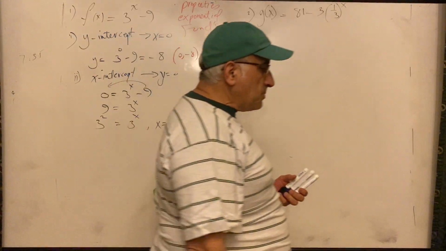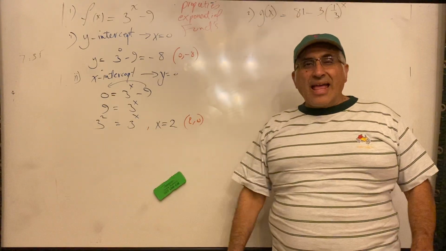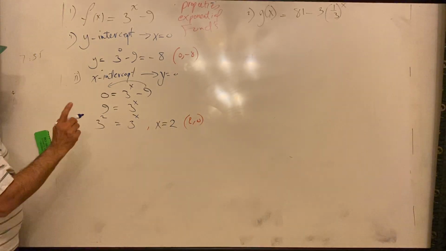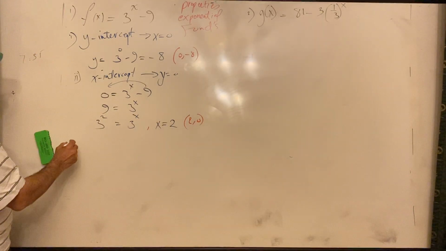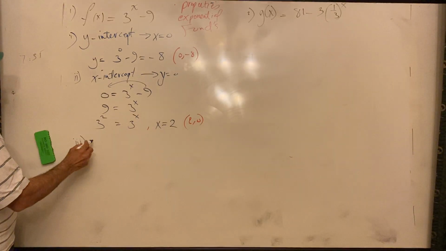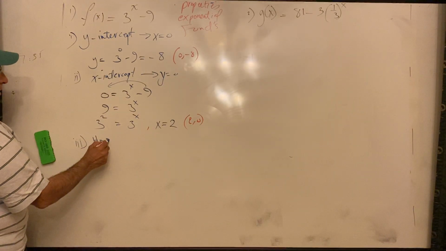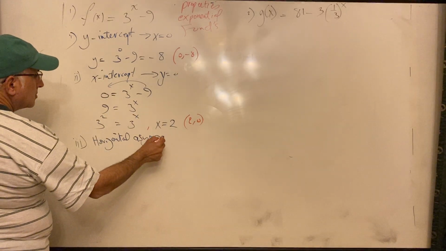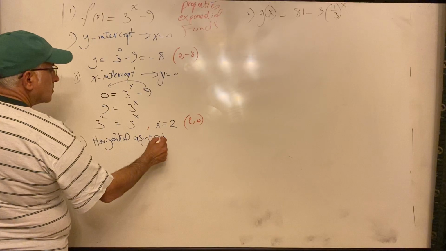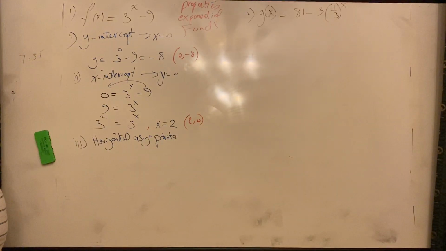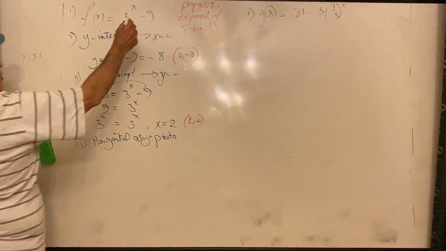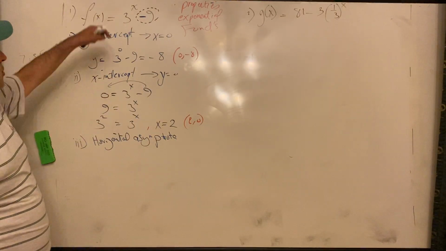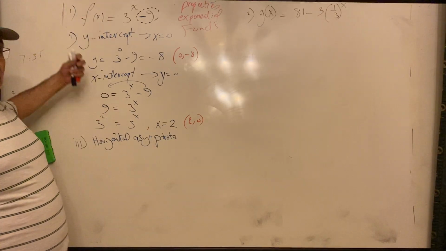What's the special thing about an exponential function? It has an asymptote. What do you mean by an asymptote? It will become clearer when we draw it. So number 3, we find the horizontal asymptote. It's simply the equation of the asymptote, and it's always the number that is either subtracted from the exponential, added to it, or 0.